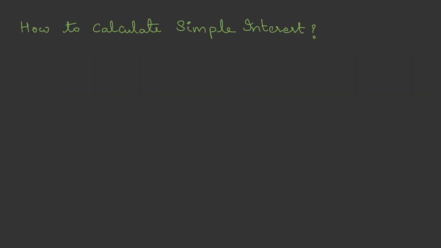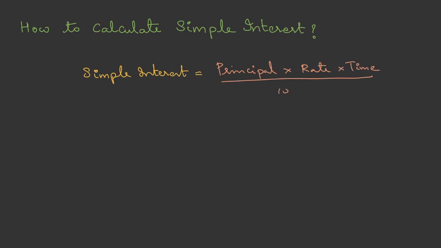Now the question is, how do we calculate the simple interest? For this we have a formula: simple interest is principal into rate into time upon 100. We can write this as SI equals PRT by 100.